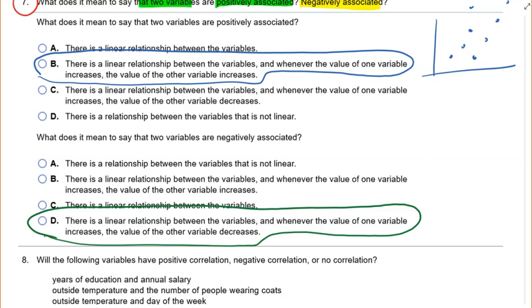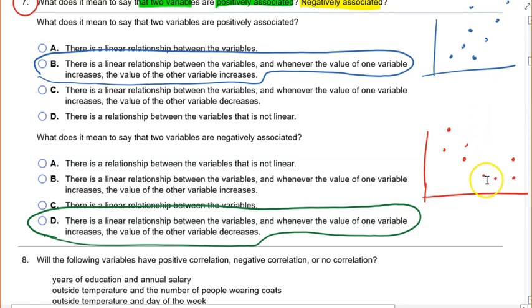A scatter diagram for negatively associated looks like this, with dots going downward like that. Okay? This is positively associated. This is negatively associated. Here R is positive. Here R is negative.